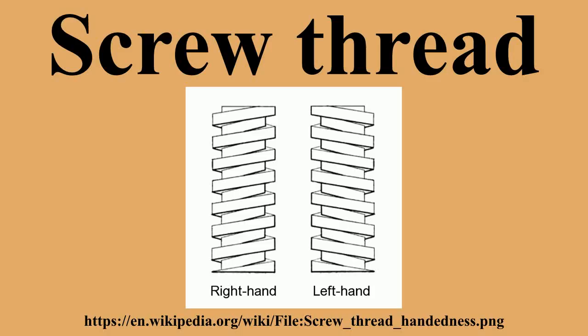Coarse versus fine. Coarse threads are those with larger pitch, and fine threads are those with smaller pitch. Coarse threads have a larger thread form relative to screw diameter, whereas fine threads have a smaller thread form relative to screw diameter. This distinction is analogous to that between coarse teeth and fine teeth on a saw file, or between coarse grit and fine grit on sandpaper.